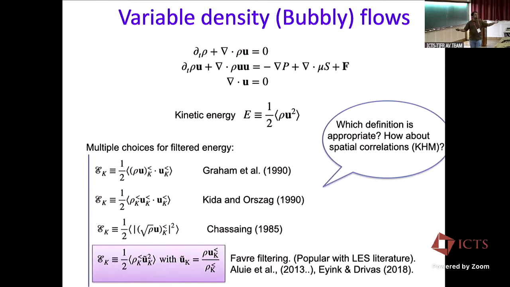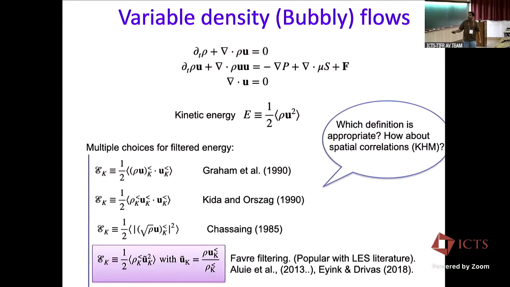I have multiple choices, and this is a problem which astrophysicists encountered quite a bit when they were trying to understand how energy transfer takes place across scales in compressible flows. You could define filtered momentum times the filtered velocity as a definition of energy at a particular scale.